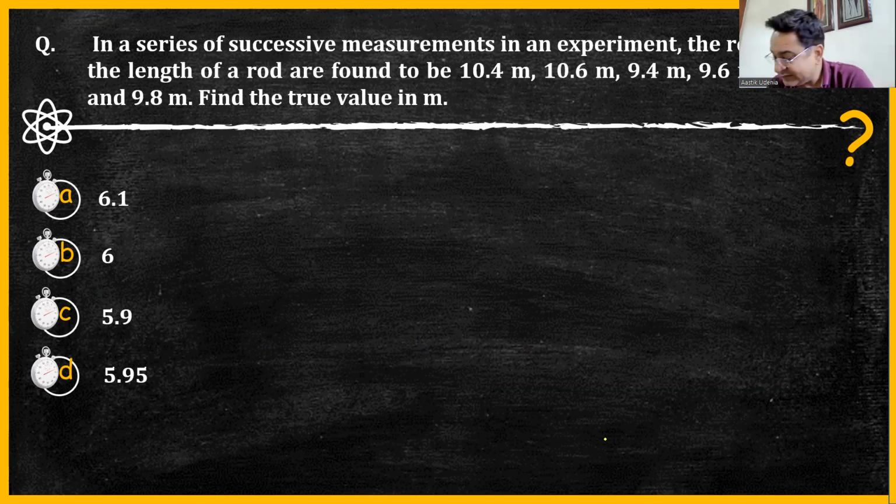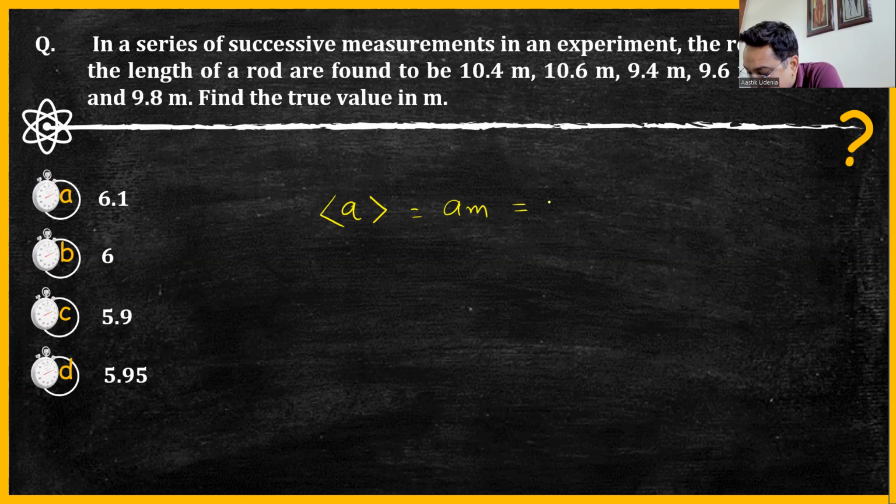And the answer is, sir, I didn't find the answer. I'm getting 10. Oh yes, I think the options are given wrong. The answer would be 10. How did you get 10? You just have to find out the average or the mean of these quantities.